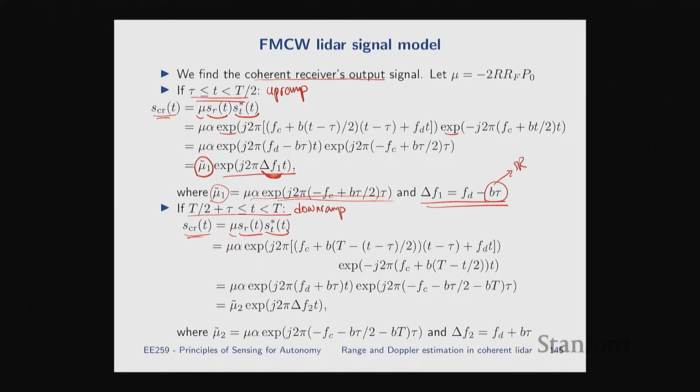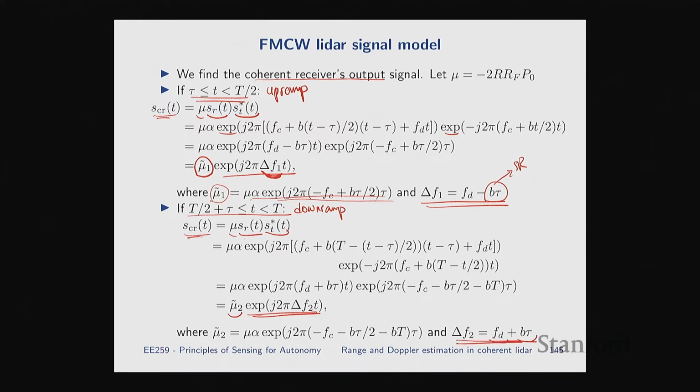And again, you do the simplifications. It's very straightforward math. It's multiplication of two complex exponentials. But after simplification, what you get is some constant times e to the j 2 pi delta f2 t. And here your delta f2 becomes the Doppler shift plus b tau.